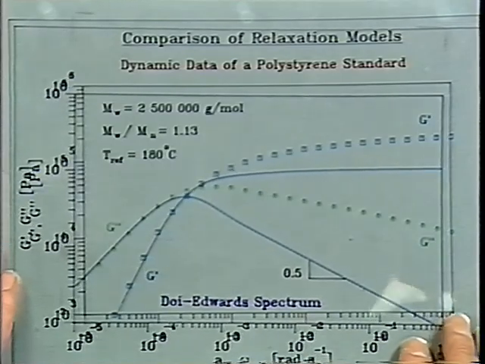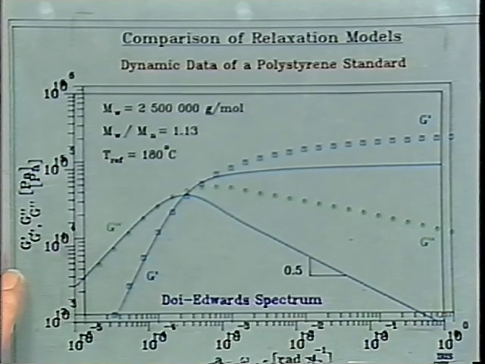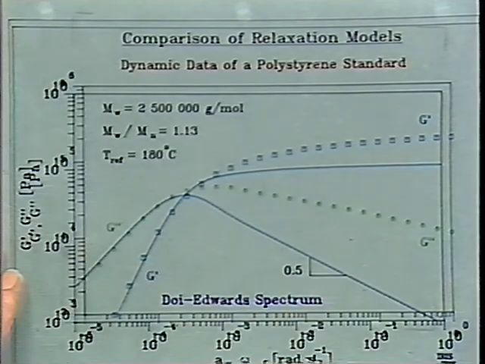So you can see I can fit the terminal zone very well with that spectrum, but in the entanglement region, you have disagreements which are easily an order of magnitude or several orders of magnitude. So the entanglement region is not described by the Doi-Edwards model. And I don't know why. It's a big puzzle.